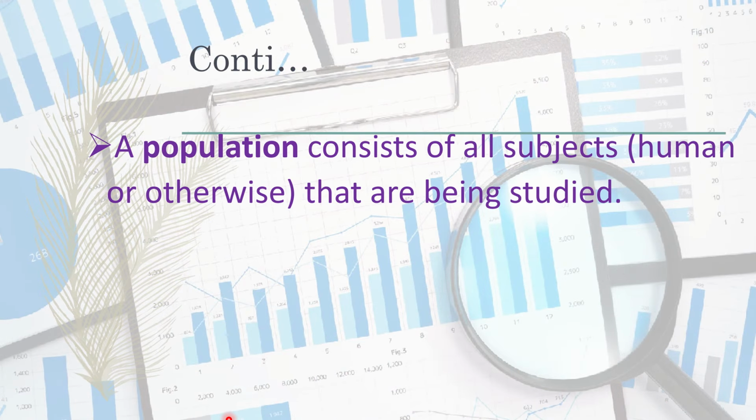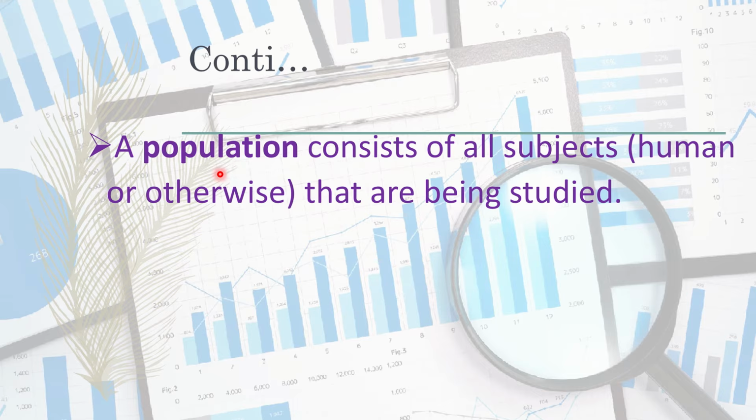Then we talk about population, because once we have a data set, we may consider that data set as a population, and it could be considered as a sample as well. So you see, it is the set of all possible outcomes which are to be studied.